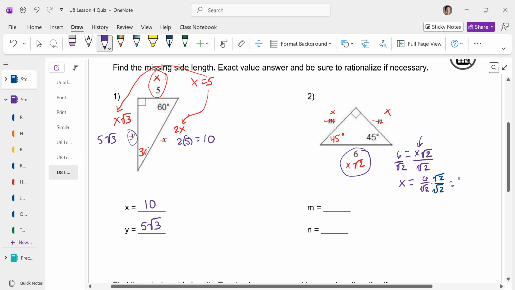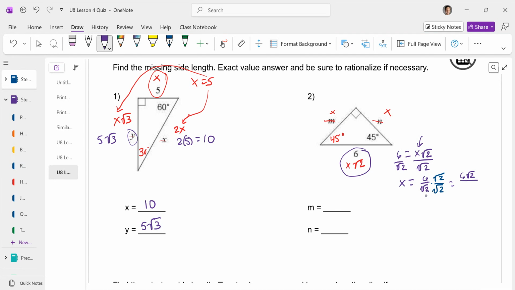So we multiply straight across. I get 6 root 2 over. Now remember, anytime you start with a root of something, if you multiply that by itself, it's just going to be the something. So like the original without the root. So this is going to end up being 2. If I started with root 7 and I multiplied it again by root 7, it would equal 7. Okay.